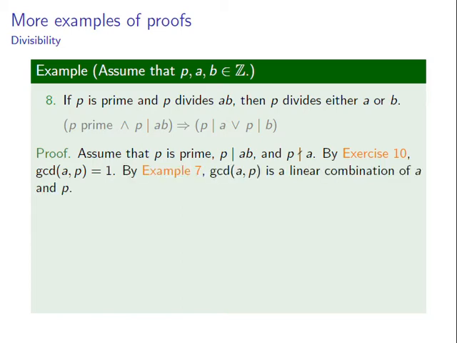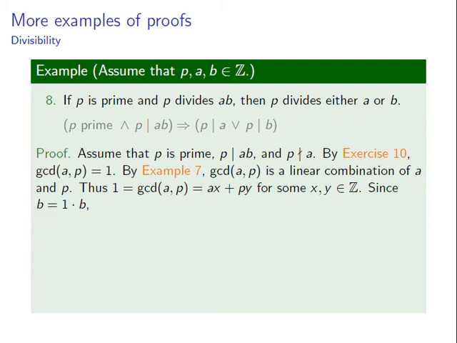By example 7, the GCD of A and P is a linear combination of A and P. Putting these together, we get that 1 is equal to AX plus PY for some integers X and Y. Since B is equal to 1 times B, we can write B as (AX plus PY) times B, which is equal to AB times X plus P times YB.